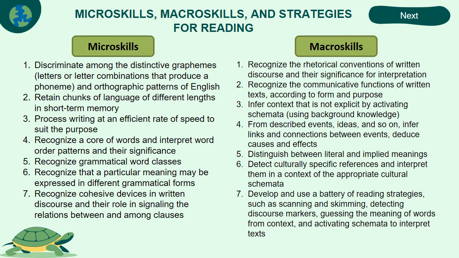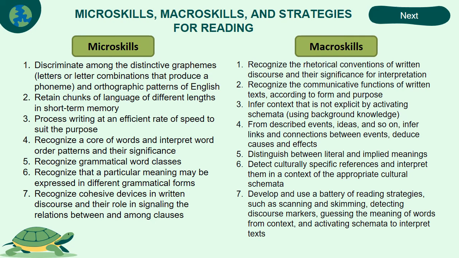The third micro skill is to process writing at an efficient rate of speed to suit the purpose. The third macro skill is to infer context that is not explicit by activating schemata or using background knowledge.